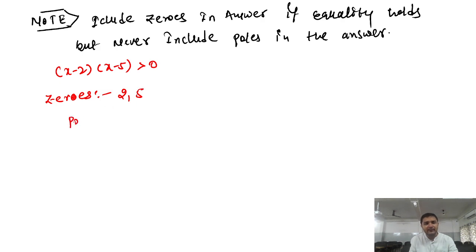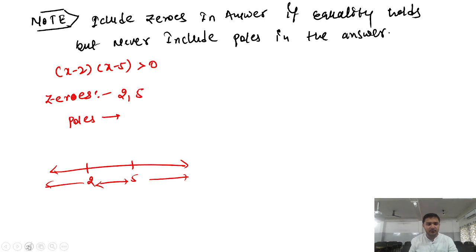We have no poles because there is nothing in the denominator. Second step, plot them on the number line. The number line is divided into 3 parts: 5 to infinity, 2 to 5, and minus infinity to 2.